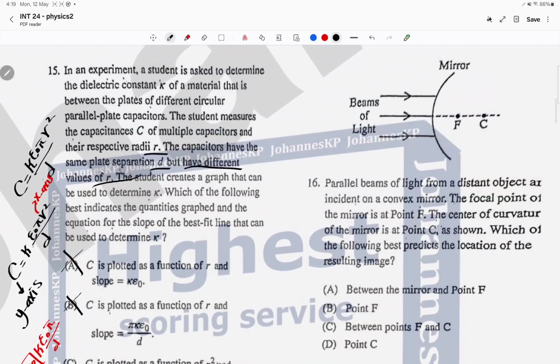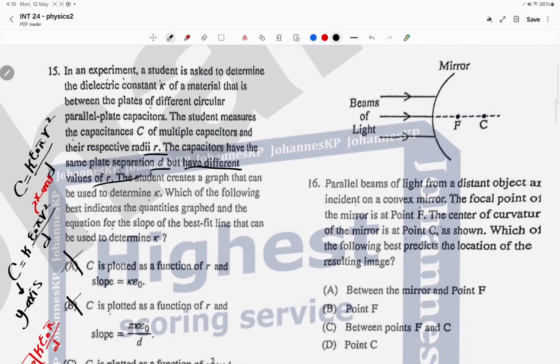Easy. 16. Is that a concave mirror or a convex mirror? If you don't know that, then it's bad. Wait, it's concave. Oh my goodness, it's convex. Concave is the other way. So what type of image do we get? Virtual, upright, smaller than the object.